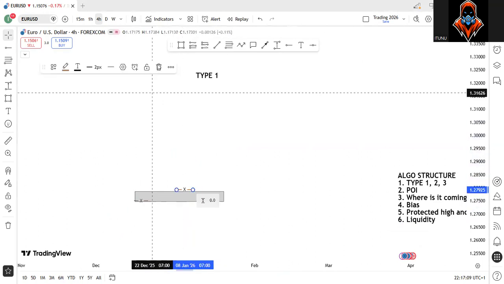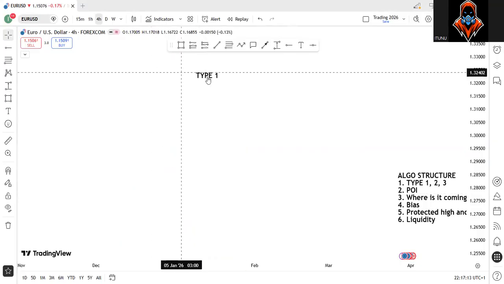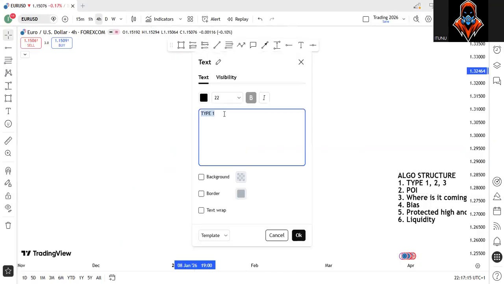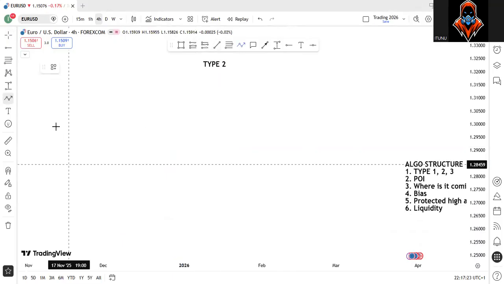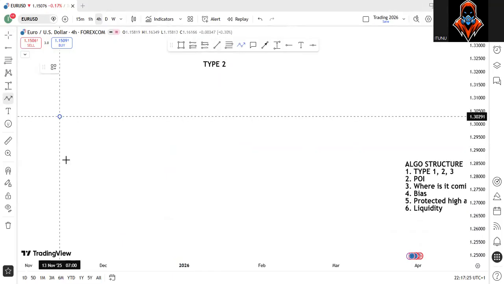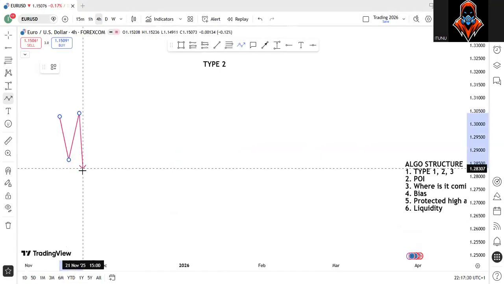So on to type 2. Type 2 looks like this. This is for a bullish scenario now. The market takes out this low.